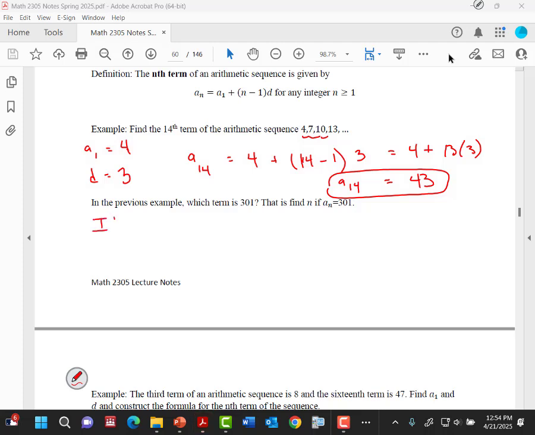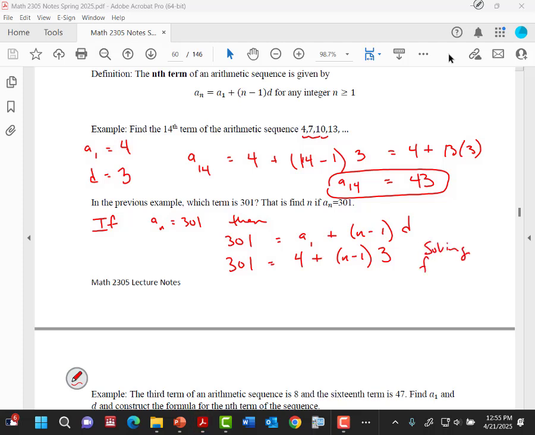So if a sub n equals 301, then I can say 301 equals a1 plus n minus 1 times d. 301 equals a1, that's 4, plus n minus 1 times the common difference d, which is 3. And now I simply wish to solve this for n.